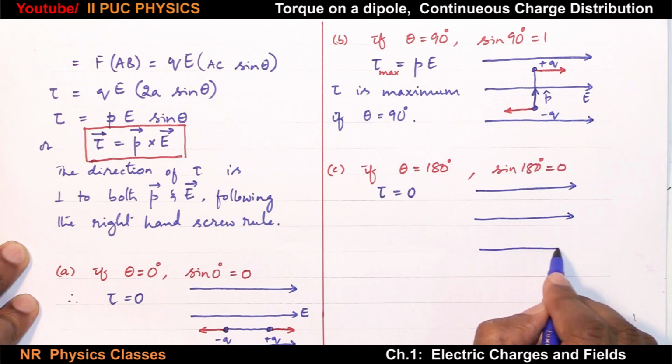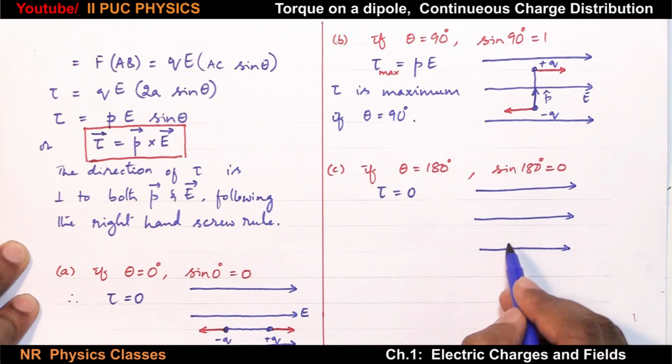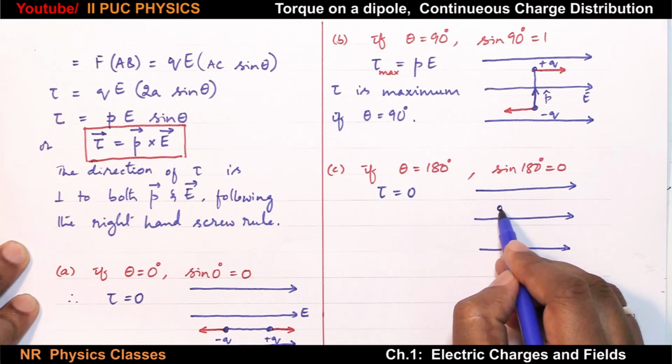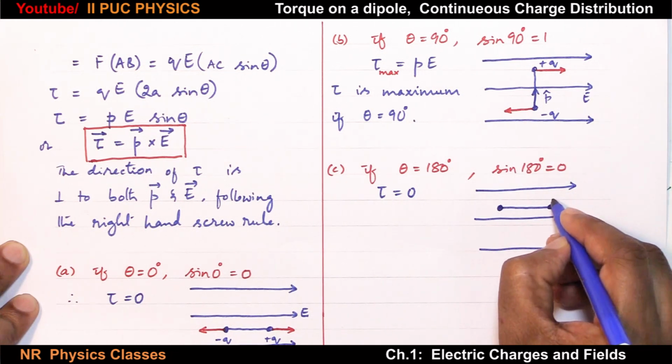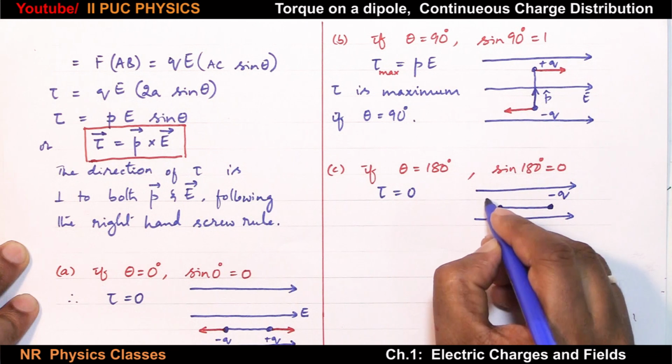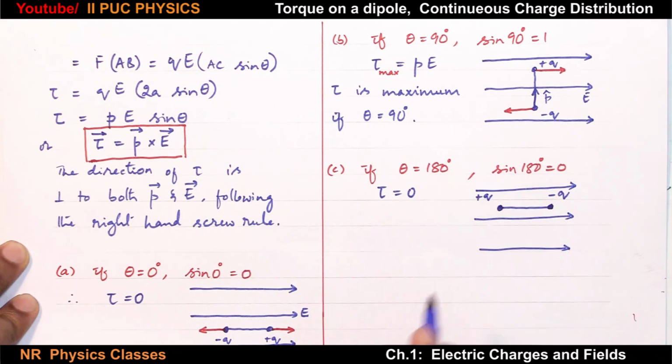Now we should make theta 180. Let this be the dipole. Now this is minus Q and this is plus Q. As you can see, plus Q is towards E. Direction of dipole moment is from minus to plus. So this is P cap.